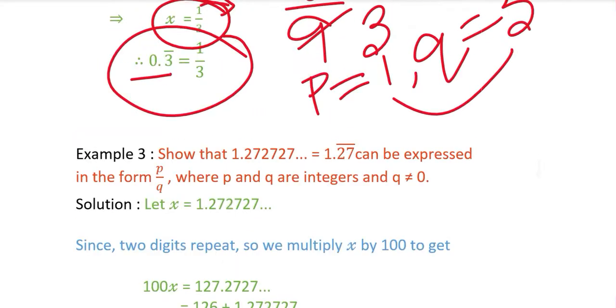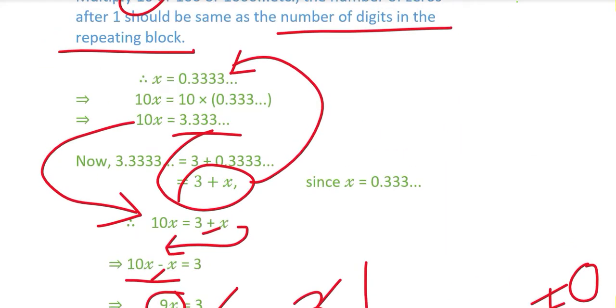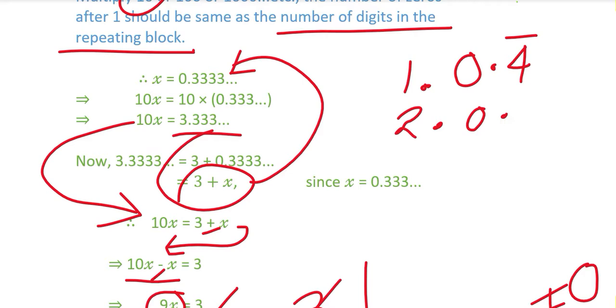Next question. As I said, I need to give you a worksheet also. So the first question that you need to do is for 0.4 bar, and you need to do for 0.9 bar.